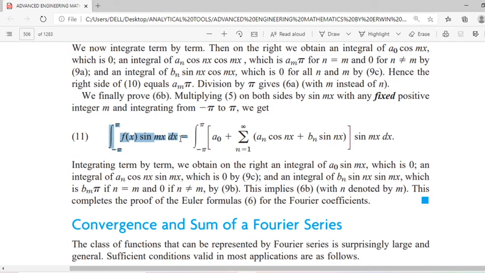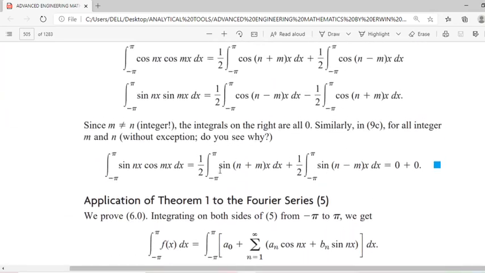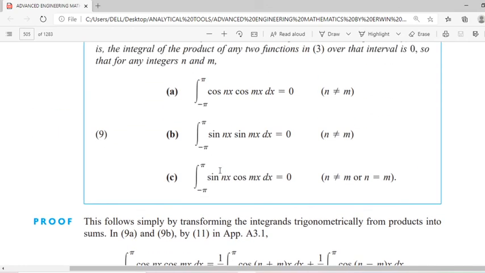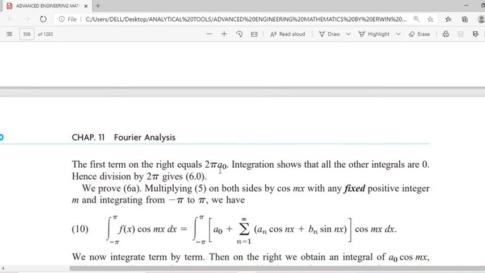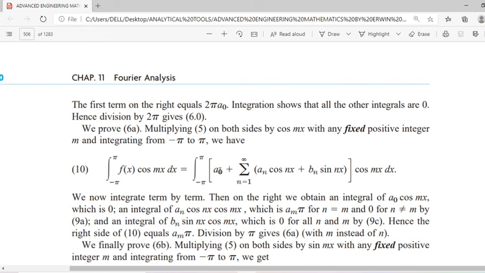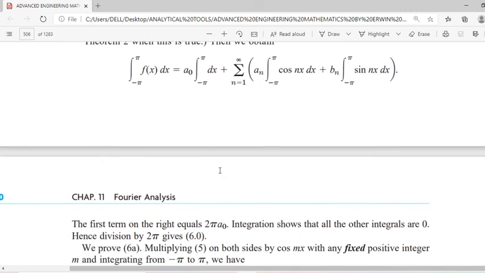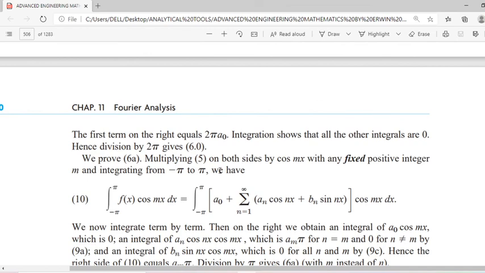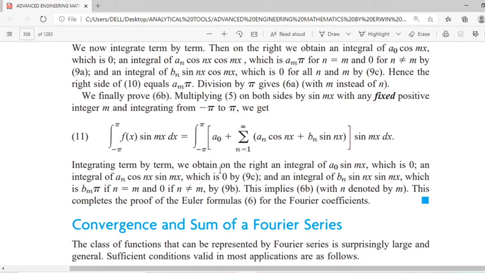So you will get the expressions for a0, an, and bn. Anyway, a0 equals 1 by 2 pi into the integral from minus pi to pi of f of x dx. An equals 1 by pi into the integral of f of x cos nx dx. Bn equals 1 by pi into the integral of f of x sin nx dx. So that will be the result.